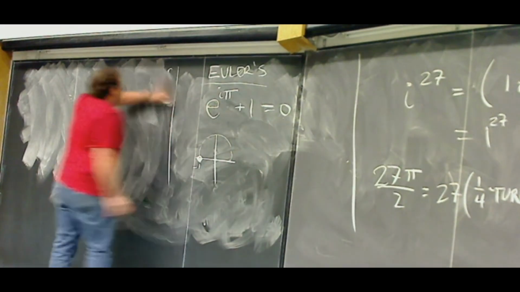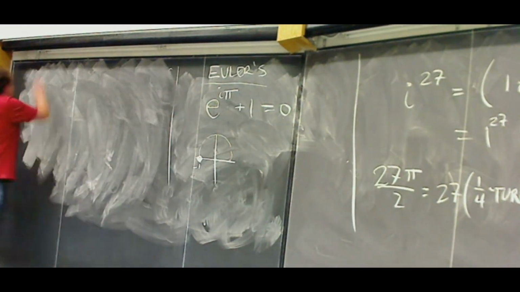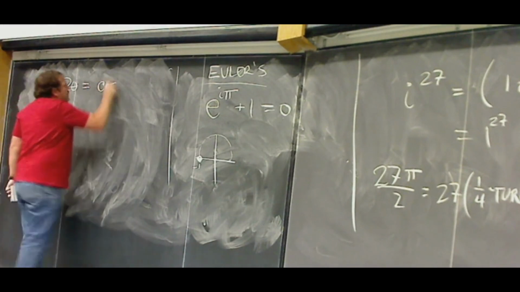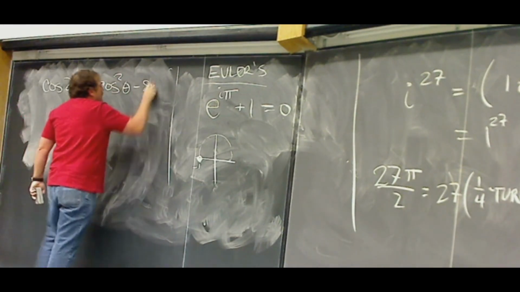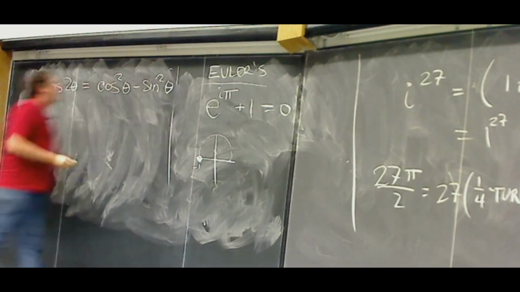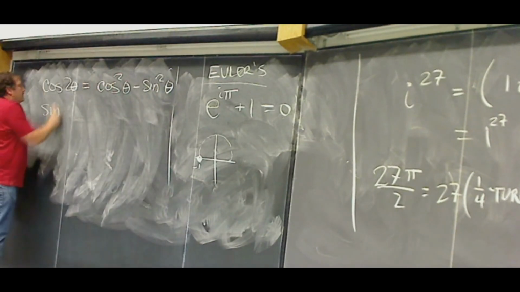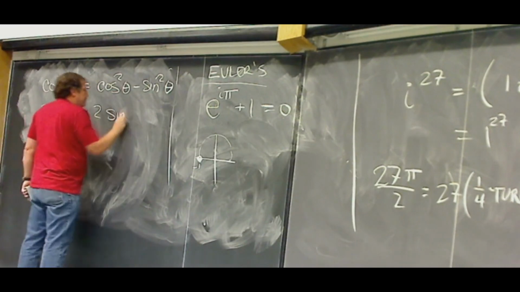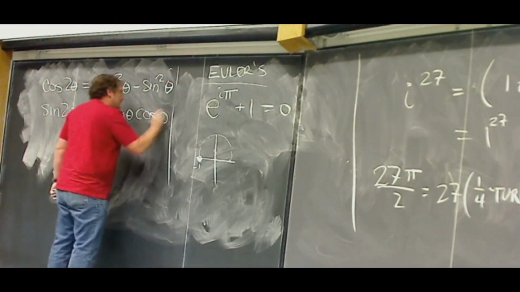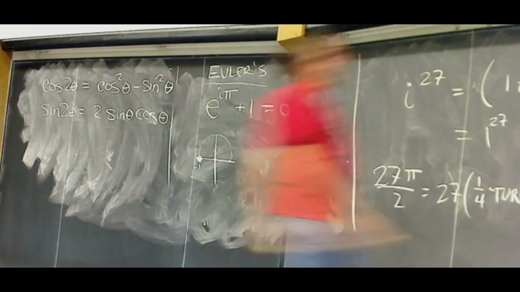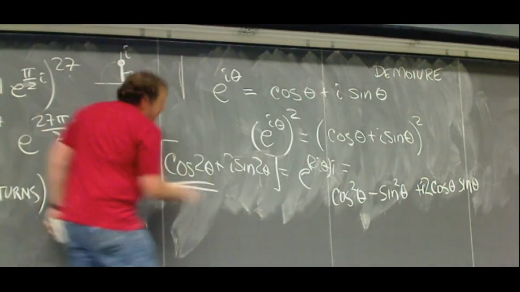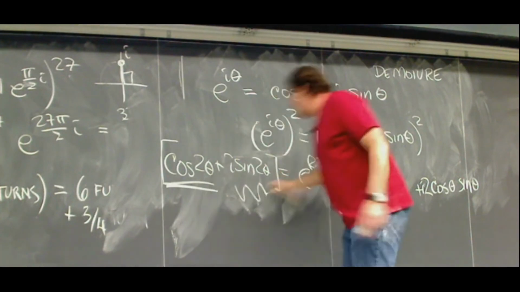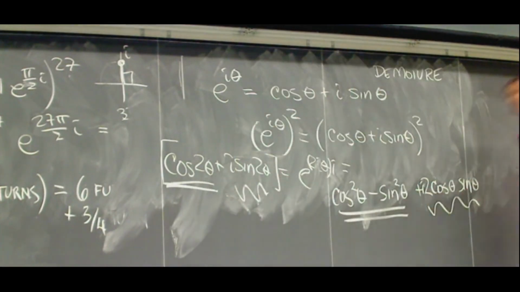So here is one of the trig identities that I can never remember. And the other one, just by noticing that this part has to be the same as this part, and this part has to be the same as this part.